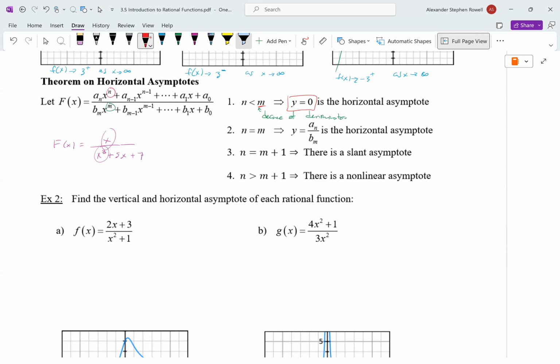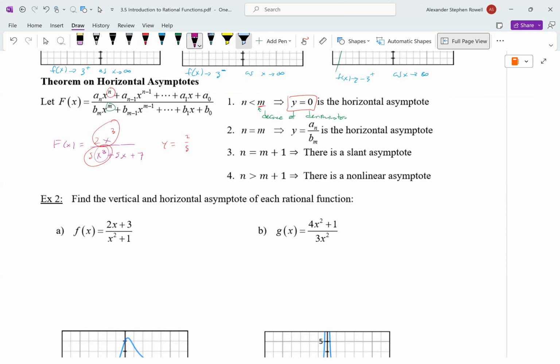That's a horizontal asymptote. If the degrees are the same, what that means is only the lead terms matter and they cancel each other out. So y is equal to 2/5 would be our horizontal asymptote. You just take the coefficients if the degree is the same and divide them.